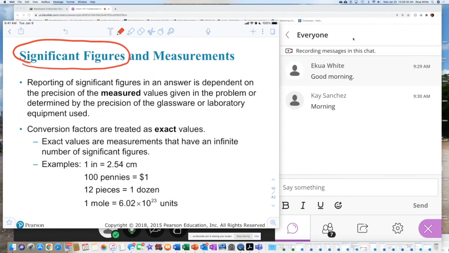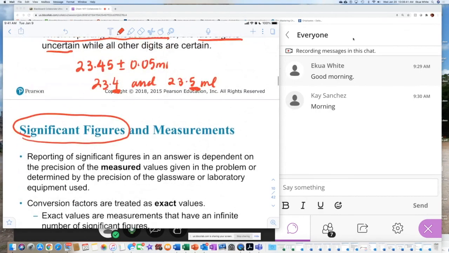But the context is we're trying to minimize error. When you have graduated cylinders, you have graduations or marks on the cylinder. If the measurement you're taking lands between two graduations, you would have to guess what the value is. If I guess differently from you, we end up with different numbers.